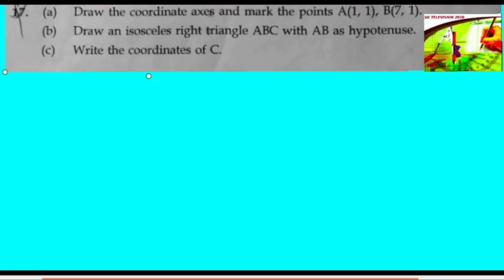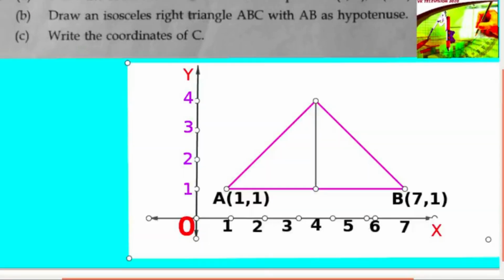Draw the coordinate axis and mark the points A of 1, 1 and B of 7, 1. Second question, draw an isosceles right triangle ABC with AB as hypotenuse. Third question, write the coordinates of C. We first mark the points A and B, that is A of 1, 1 and B of 7, 1.